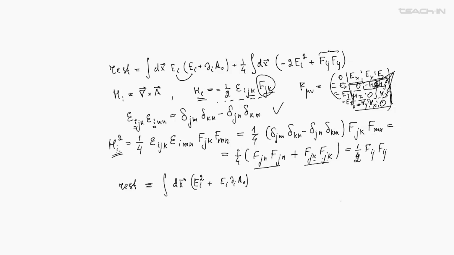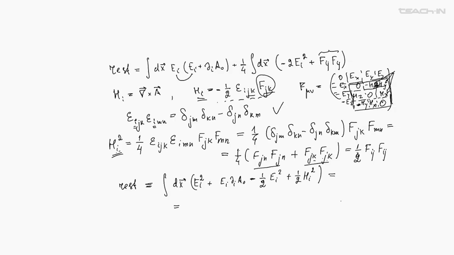From this second term, I will get minus 1/2 e squared. And from Fij, I will get 2h squared. And 1/4 with 2 gives me plus 1/2 h squared. Right? This is what I will get. And therefore, this e squared together with this one here will give me 1/2 e squared.